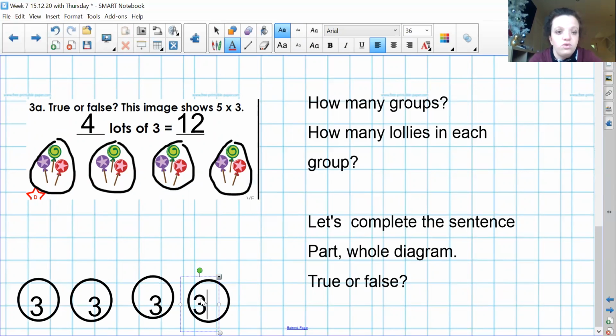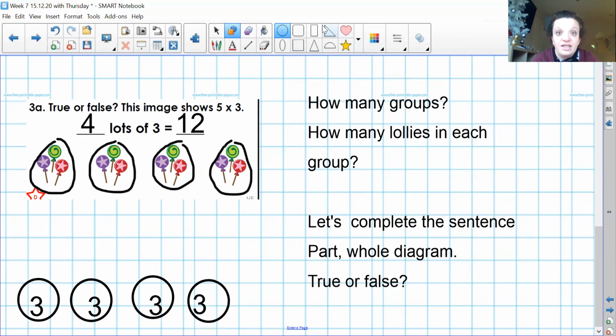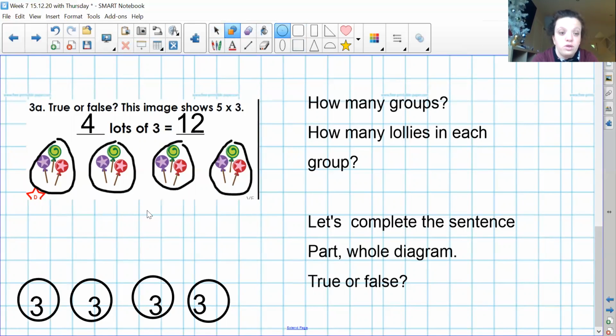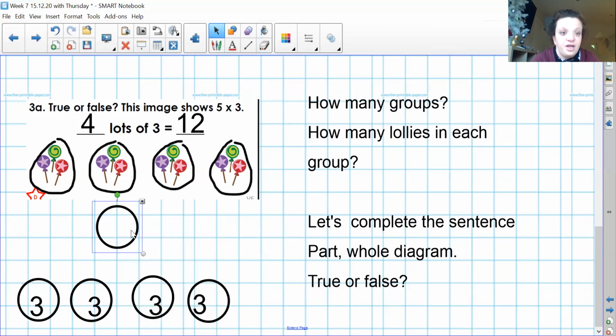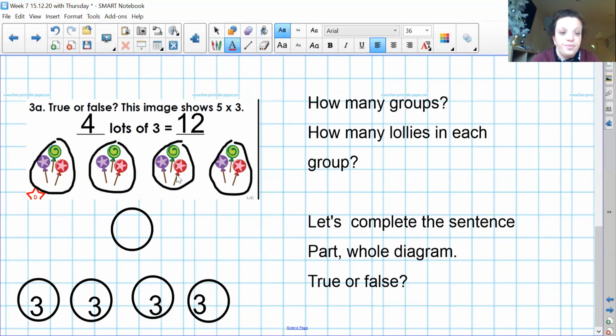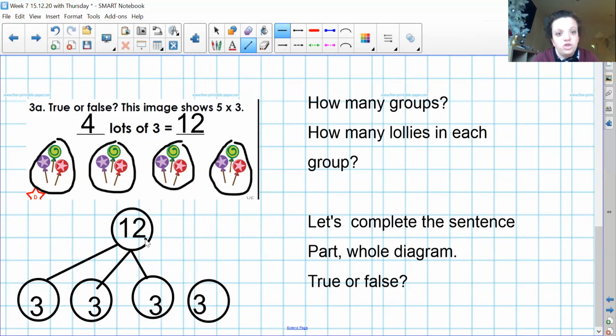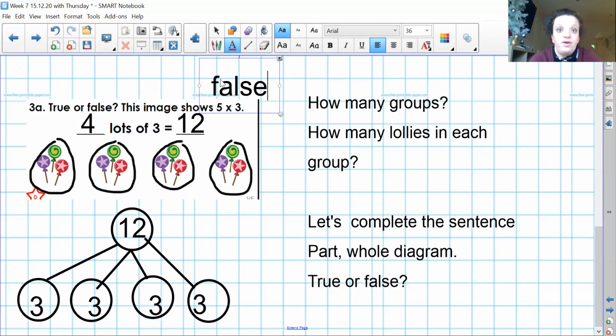Okay, and then our total altogether is our whole number, which is 12. Let me do a circle. Okay, we can put in here our whole number. So that's what the part whole should look like for your picture. So this is actually false. It isn't 5 times 3.